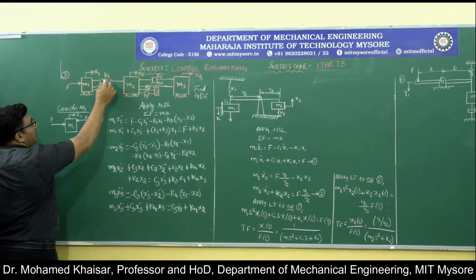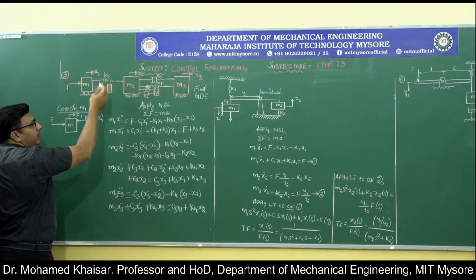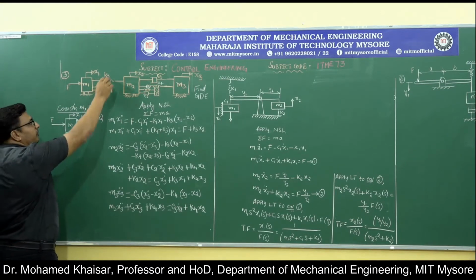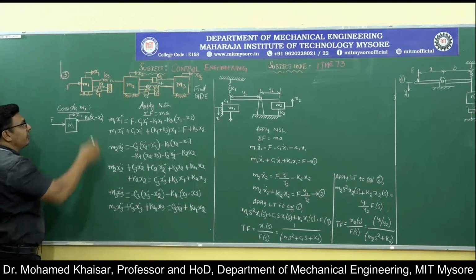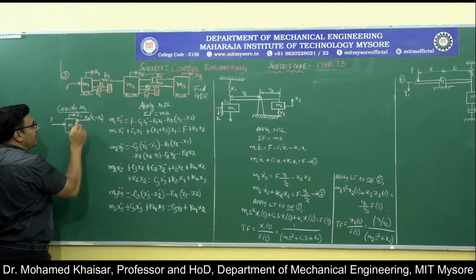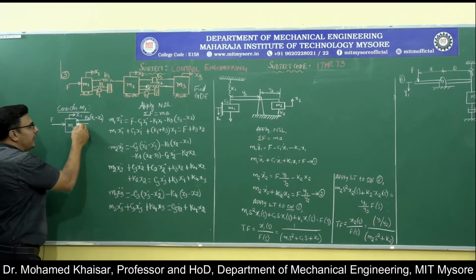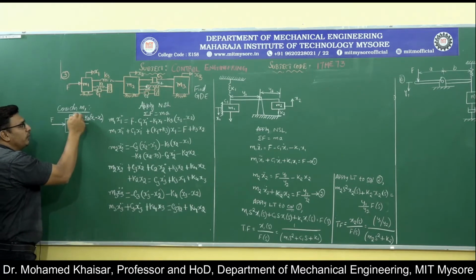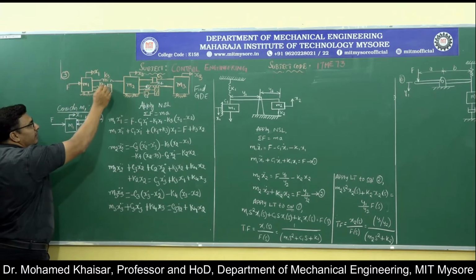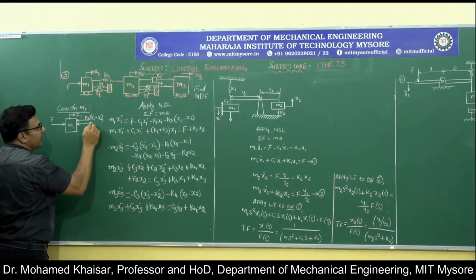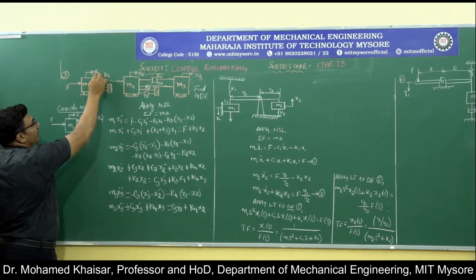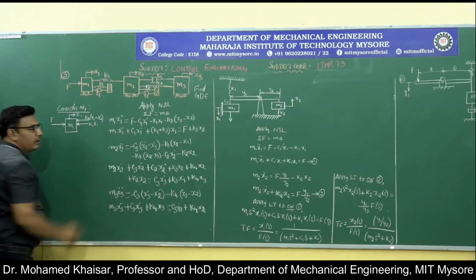Then, this displacement is not only resisted by the spring K3, it is also resisted by the spring with stiffness K1. So, there is one more component of force which is acting in the direction opposite to that of displacement, that is the force offered by the spring K1. How much will it be? K1 into x1.